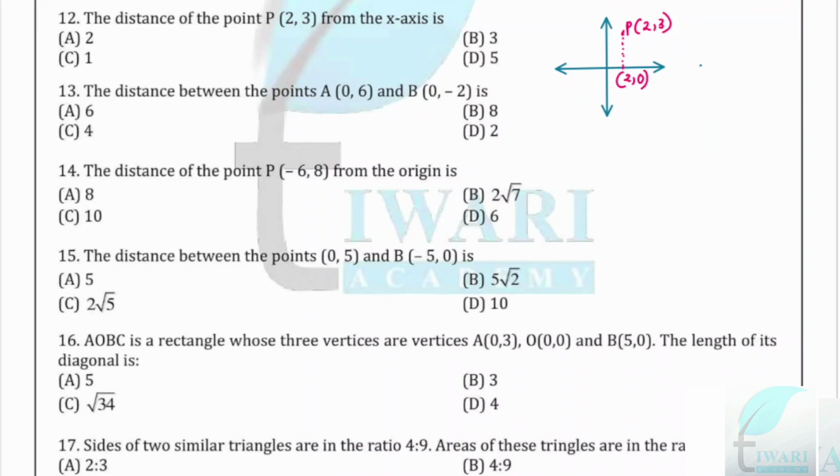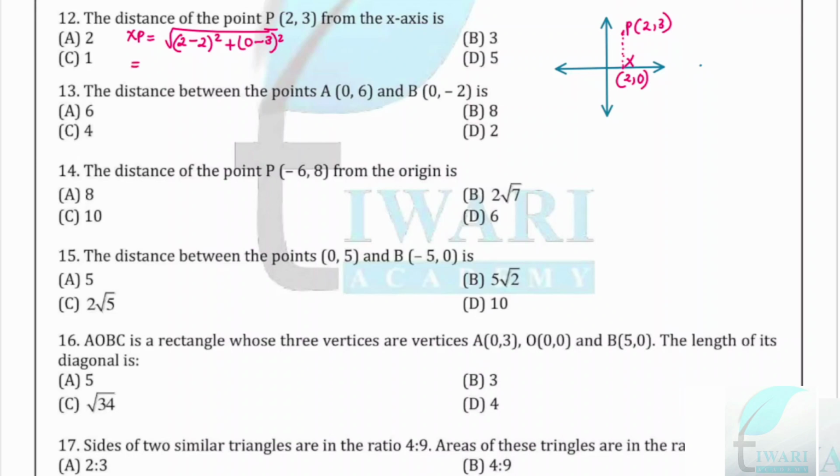So now we will apply the distance formula. Let this point be X. So XP, that is the distance, is equals to under root (2 minus 2) whole square plus (0 minus 3) whole square.